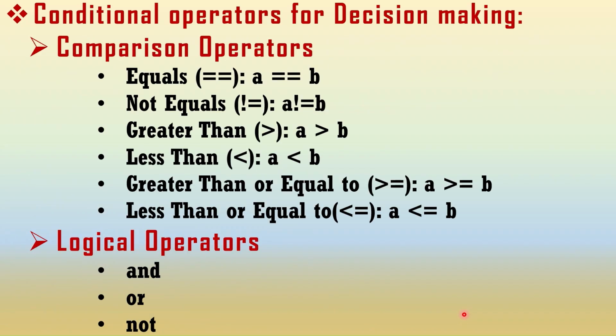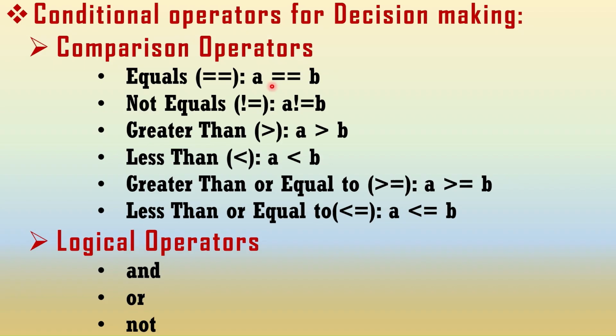Now let's see the various types of conditional operators that we will use for decision making while using these conditional statements. Whenever we write conditional statements, two types of operators are used. One is logical operators and the other is comparison operators. The comparison operators have 6 types: equal, not equal, greater than, less than, greater than or equal to, and less than or equal to.